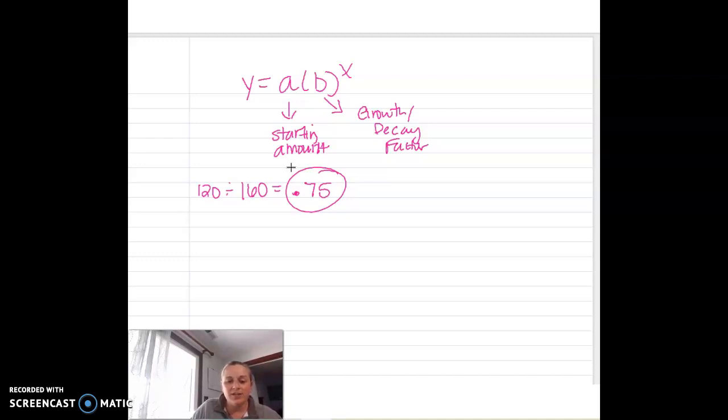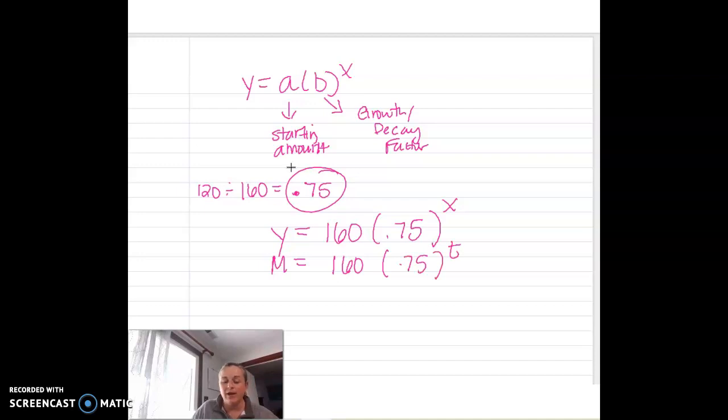So where did this 0.75 come from? If I were to write this equation, it should look like 160 to start times the 0.75 to the x power, or our active medicine, we'll call m, is equal to 160 milligrams to start times the fraction 3/4 or the decimal 0.75 to the number of hours power.